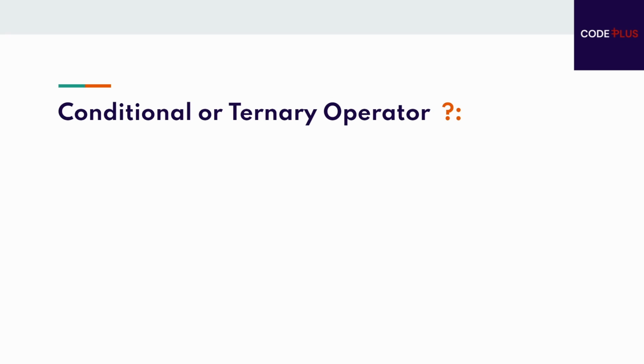The ternary or conditional operator is similar to an if else statement, as it follows the same algorithm as if else. But the conditional operator takes less space and helps to write the if else statement in the shortest way possible.